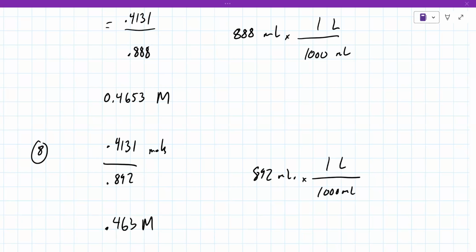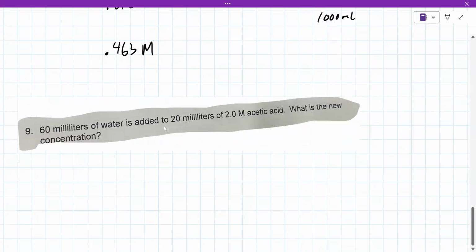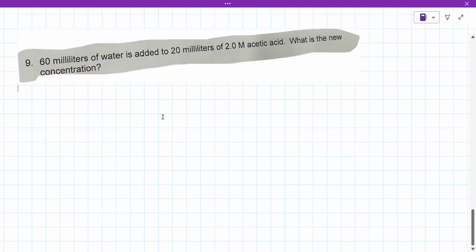All right, so up to number 9. 60 milliliters of water is added to 20 milliliters of a 2 molar acetic solution.